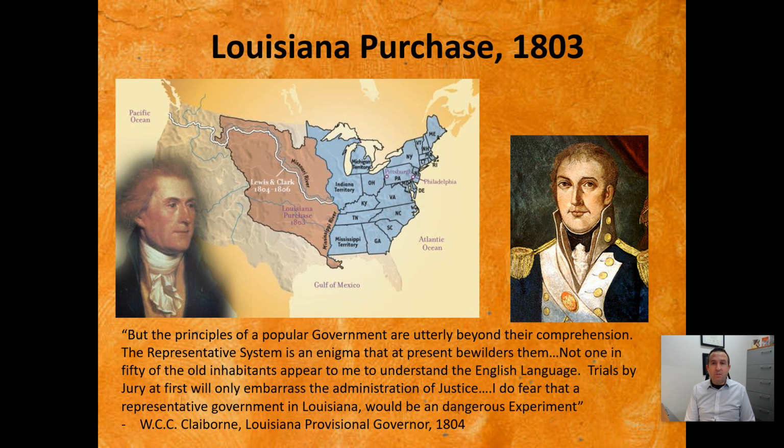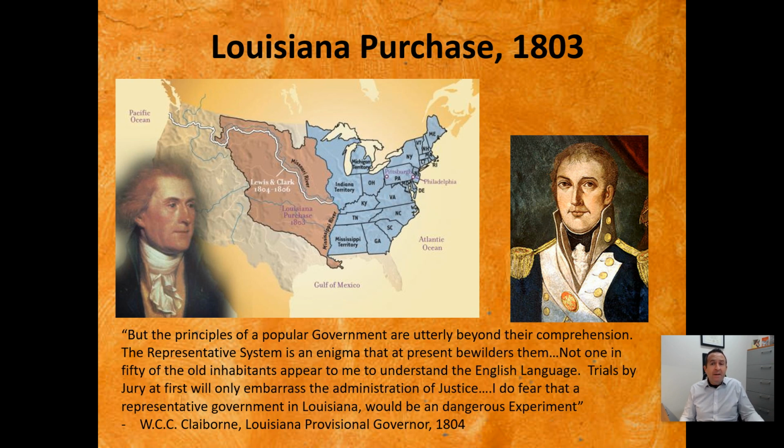The quote on the screen you see right now is from the provisional governor of Louisiana. So in 1804, after the Louisiana Purchase is done, the United States divided the Louisiana Purchase into different parts. The southern part became what is now Louisiana. There are about 34,000 free whites living in that region under the jurisdiction of Governor Claiborne.